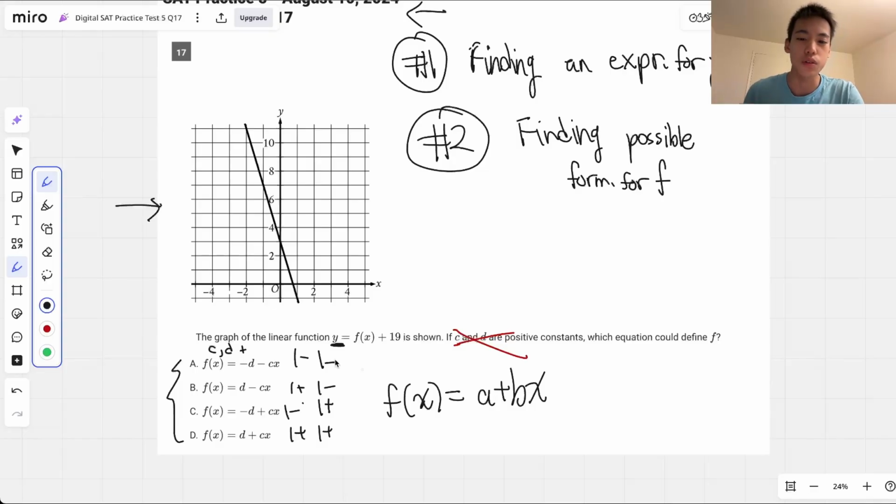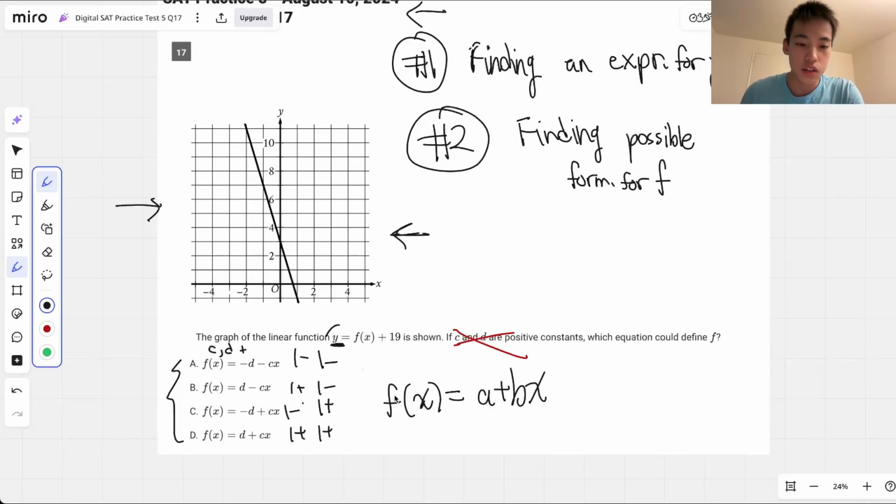and maybe getting a little bit confused about the signs along the way, let's just assume temporarily that f of x is a plus bx for any constants a and b. And this helps us find a form of y that matches this expression over here. Okay?